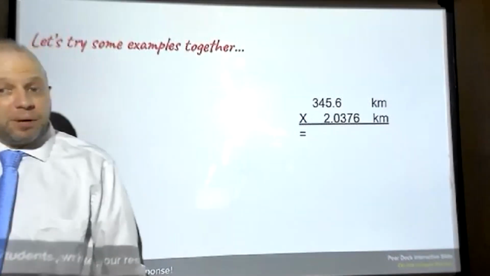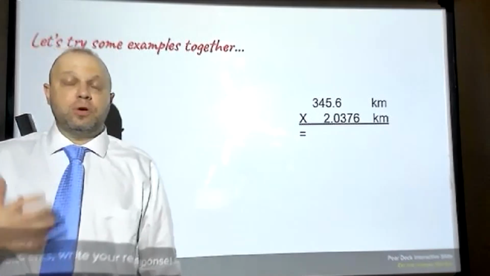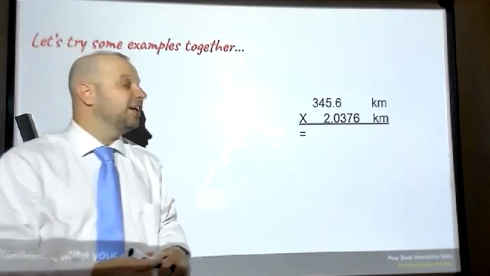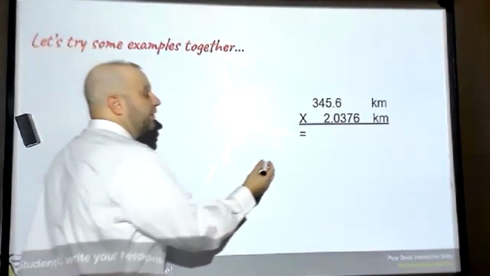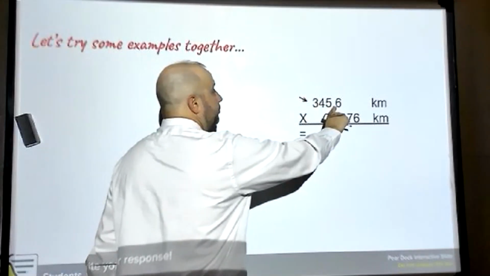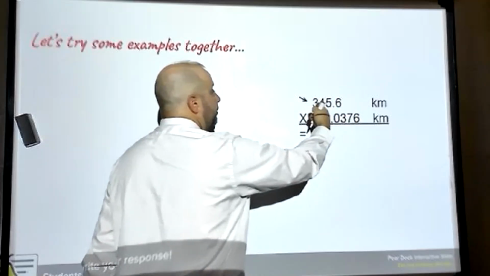Okay, for our next problem, we have a multiplication problem again. So again, as a reminder, with multiplication and division, we're looking for the fewest number of significant figures, not necessarily decimals. So let's take a look at this one. We have the top number here. This has a decimal place. So we're going to count all of these digits going in this direction. 1, 2, 3, 4.